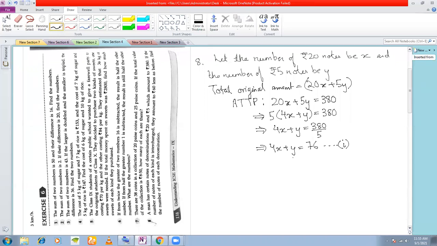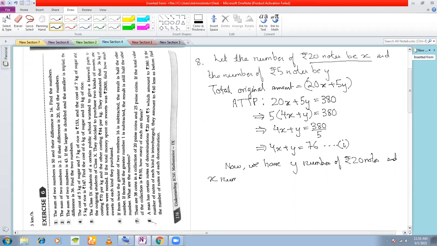Now see the next condition. If the number of notes of each kind is interchanged, now how much do you have? Initially you had X 20 rupee notes. Now we have Y number of 20 rupee notes and X number of 5 rupee notes.